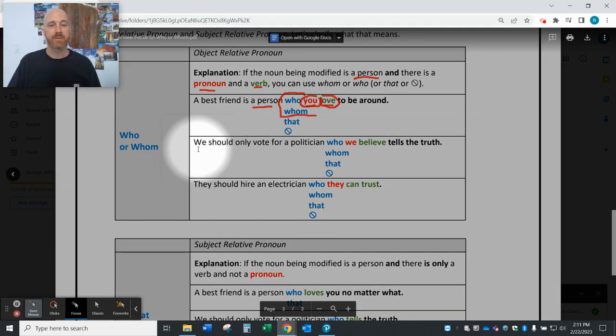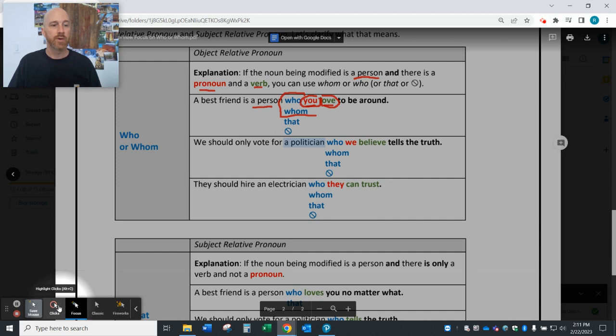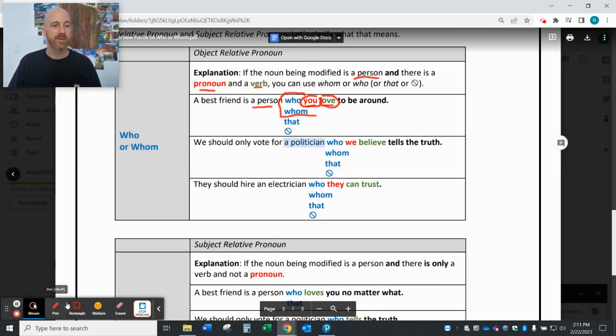Let's look at another example. We should only vote for a politician. What kind of politician? A politician who we believe tells the truth, or whom we believe tells the truth. Here's a pronoun, subject pronoun we. Here's a verb, believe. So again, we can use who or whom.